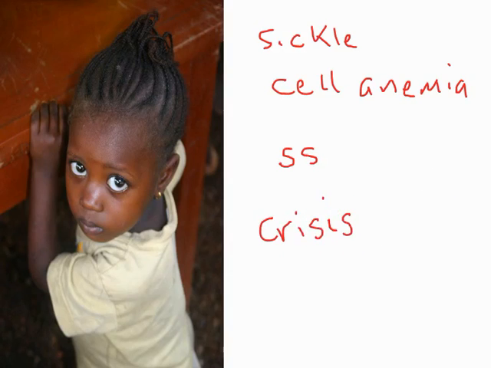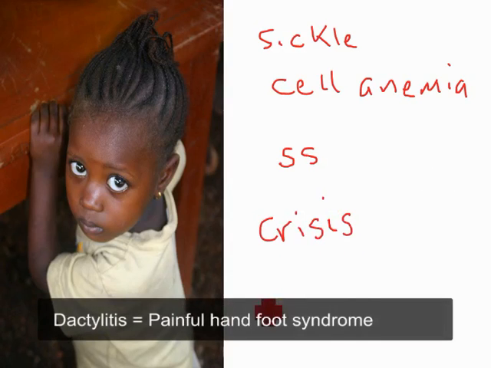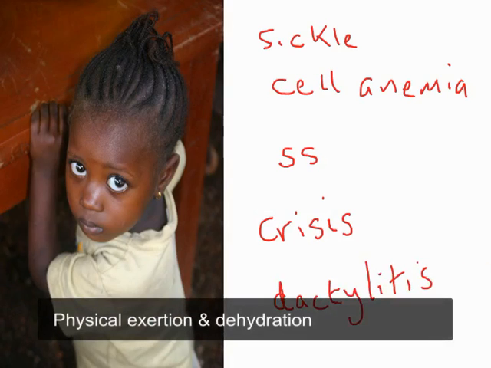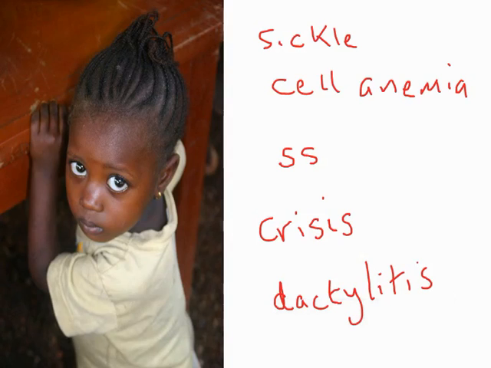The bone pain, often in the back of the hands and the feet, is termed dactylitis. These periods of very painful bone pain are brought on by physical exertion and by dehydration, and this bone pain is usually the first occurrence of the condition.